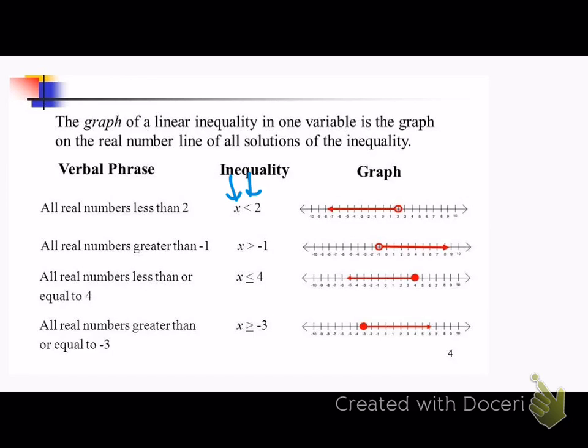Number 2, X is greater than negative 1. Which way are we pointing? To the right. Which way do we shade? Correct. So as long as the variable's on the left-hand side, it's pointing the way you shade. If you happen to be flipped around, then you flip around. The big key, remember: not equal to, open circle; equal to, closed circle.